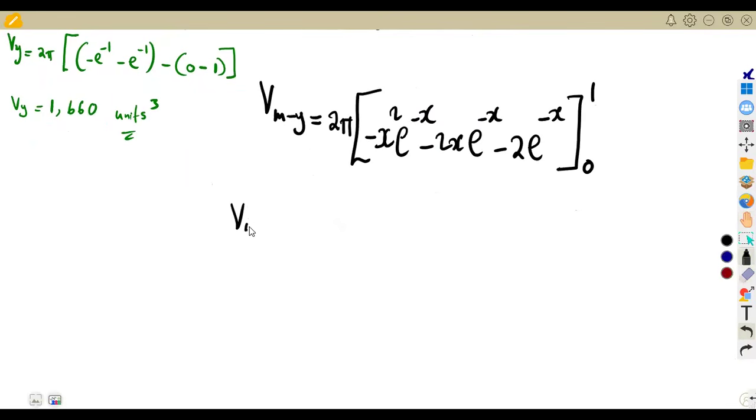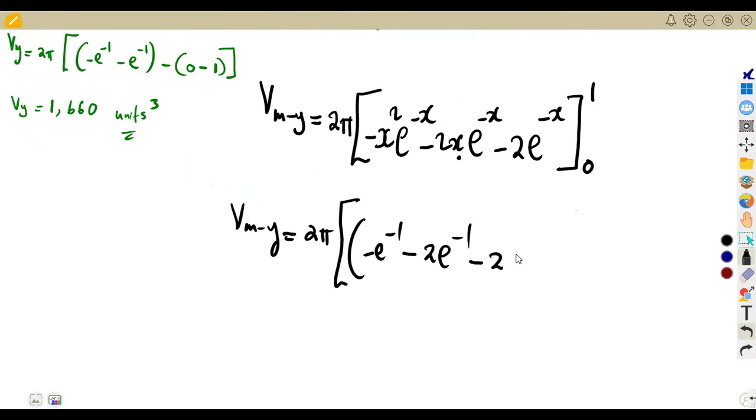So our volume moment with respect to y will be 2 pi, having the limit of x being 1. 1 squared is 1, so this will be minus e to the exponent of minus 1, minus 2 e to the exponent of minus 1, minus 2 e to the exponent of minus 1.